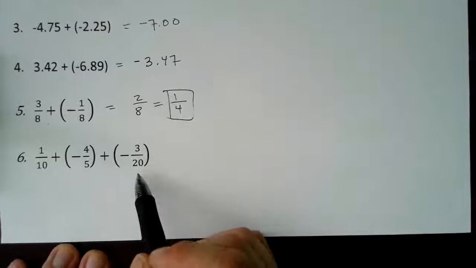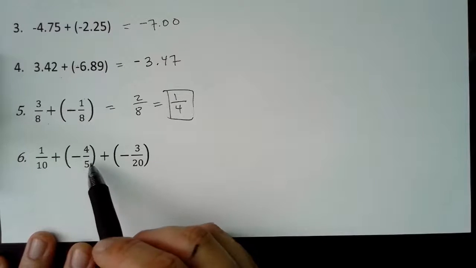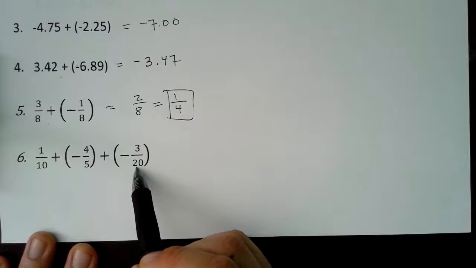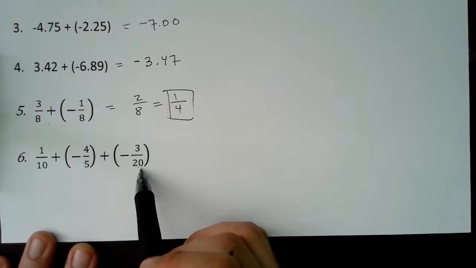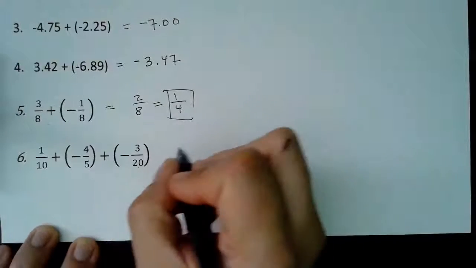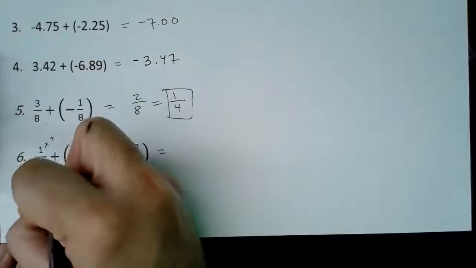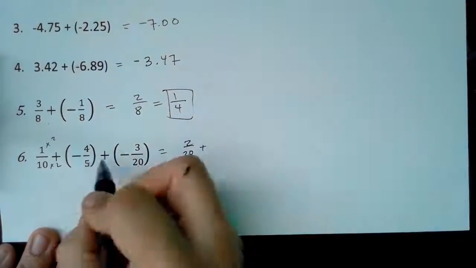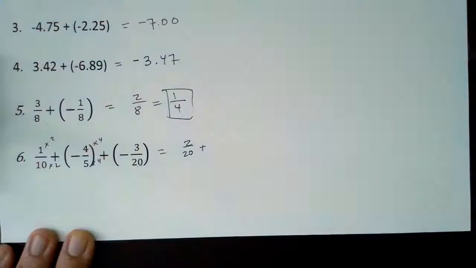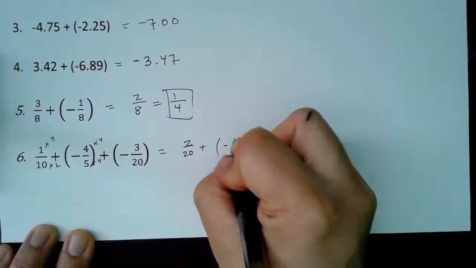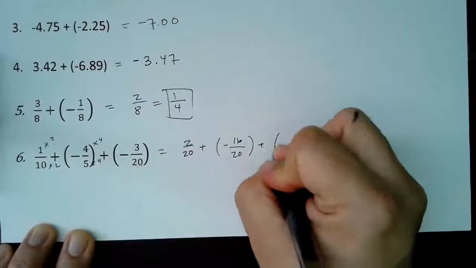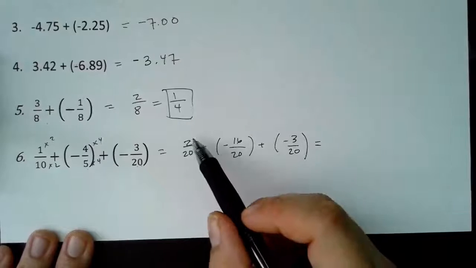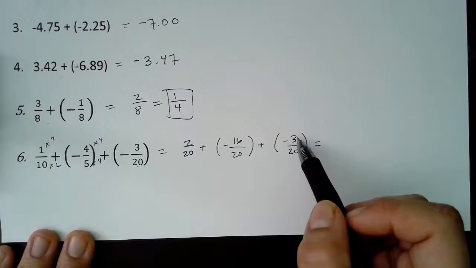So now none of these have the common denominator, so we're going to have to change. You can see that the common denominator for all three is 20, right? Because 10 goes into 20, 5 goes into 20, and obviously 20 goes into itself. So we can rewrite each one. So the first one I'm going to multiply top and bottom by 2, so that's going to become 2 over 20, plus, and then the second one I'm going to multiply top and bottom by 4, okay, so that's going to become negative 16 over 20, and then the last is just going to remain the same, and then I add across the top: 2 minus 16 plus a negative 3.